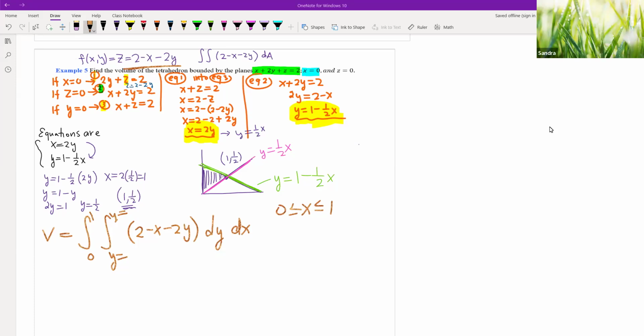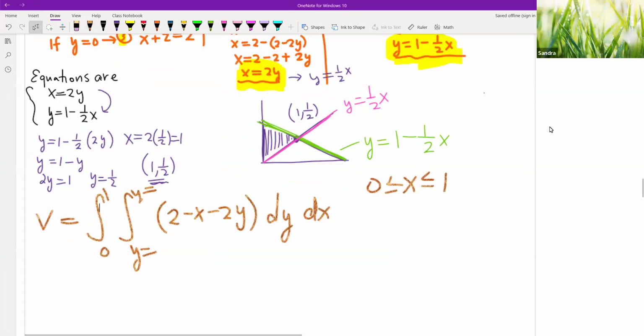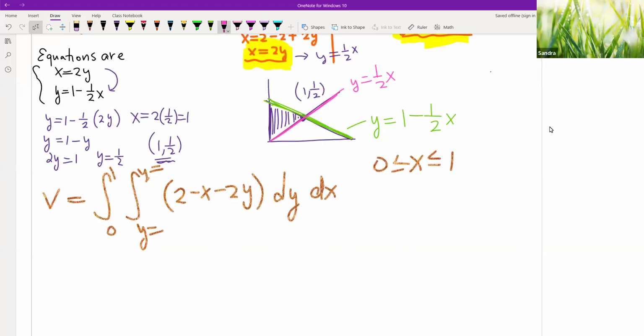In this particular case, I'm selecting type 1, which means that I will go in and then out. So we will go in through the pink, 1/2 x, and then we will go out through the green, 1 minus 1/2 x. So like this, we're coming through here.